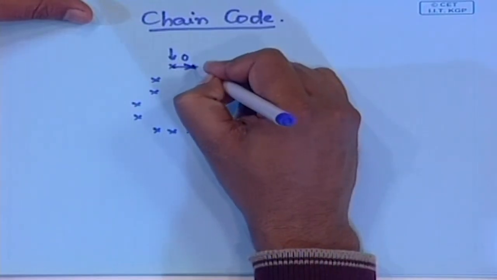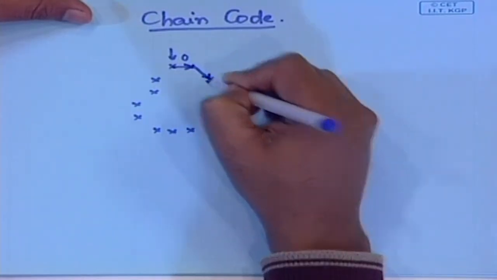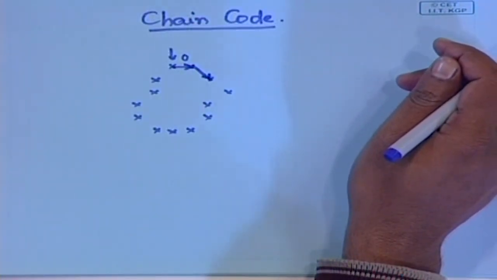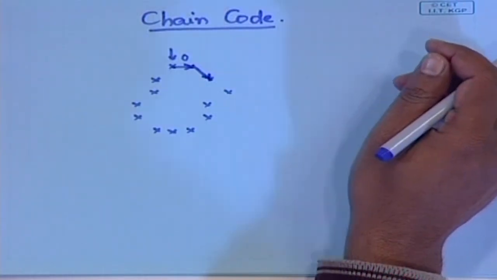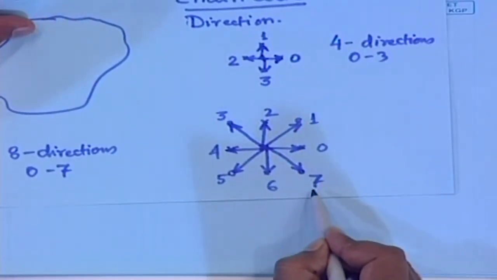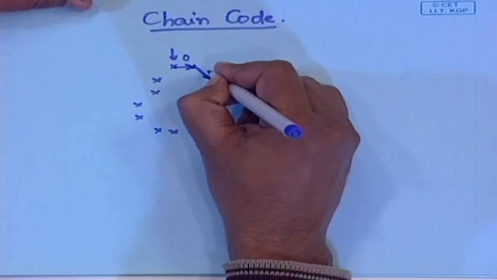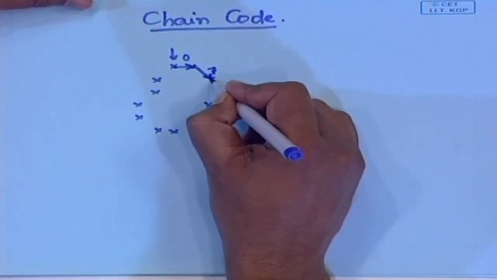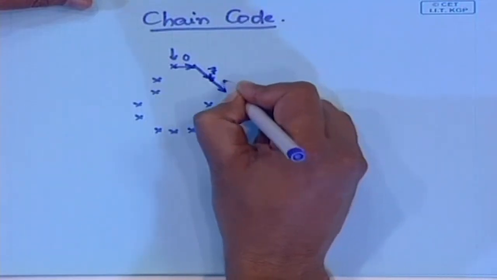Next movement over here is in the southeast direction. Okay. And for southeast direction, following 8 connectivity, the code is given as 7. So this movement will be coded as 7. Similarly, over here, this is also 7.